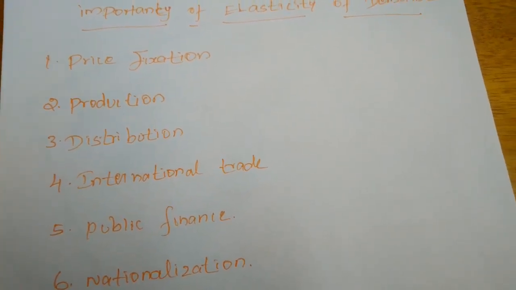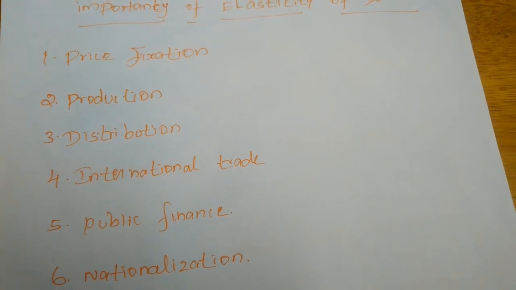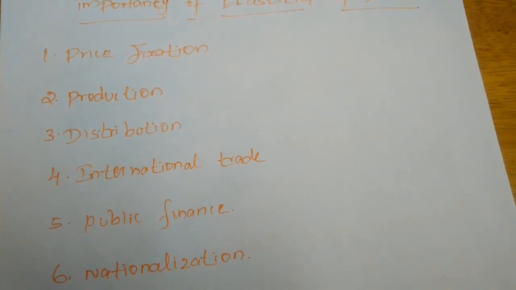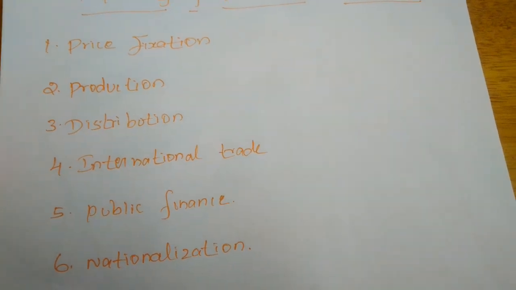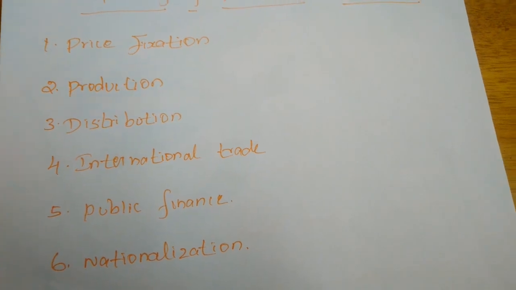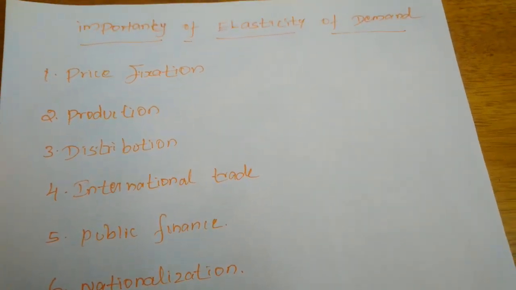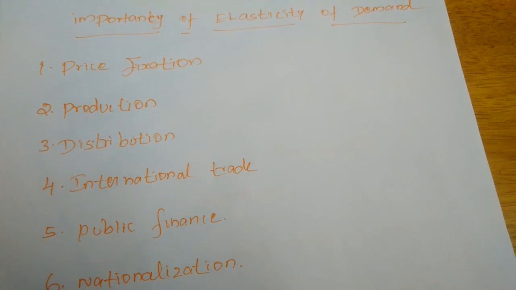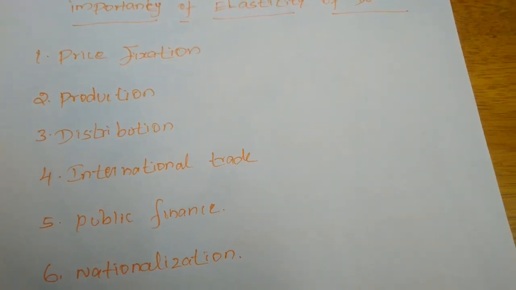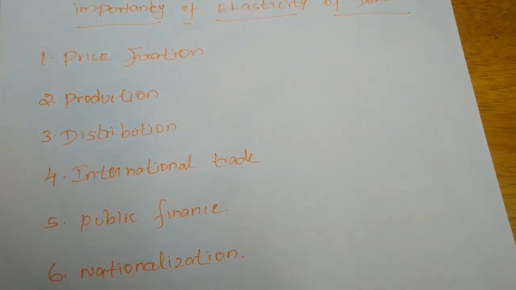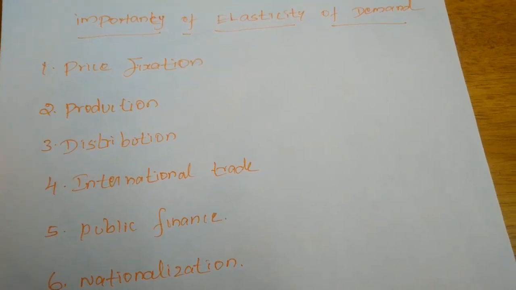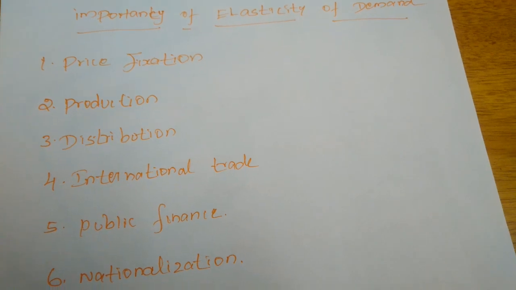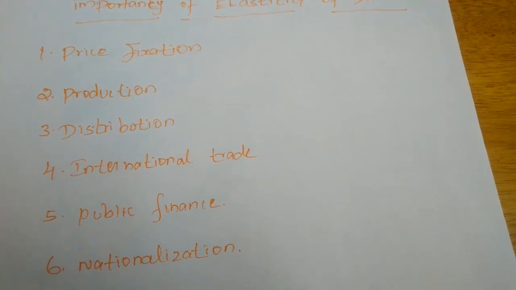So normally, not only in monopoly and imperfect competition markets, in all types of markets, price fixation is very important for earning more profit, right? On which basis do they have to fix the price of that commodity? If a commodity has more elasticity of demand, they will decrease the price of the commodity. Suppose the price elasticity of demand is inelastic, they will fix a higher price.